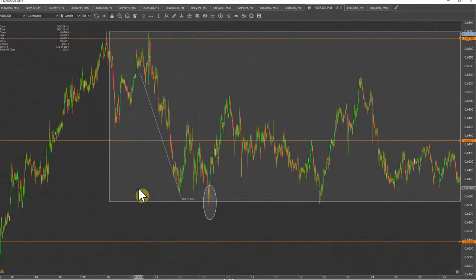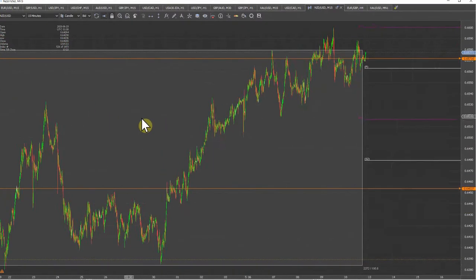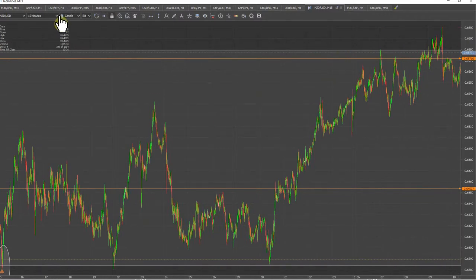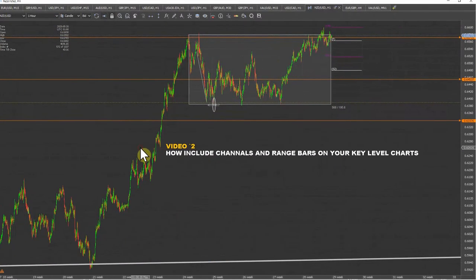Essentially, if you want to understand this pair, all that's happening is that we're testing the key levels, as we showed you on video 1. And this level, it looks like it will break today, which is good.